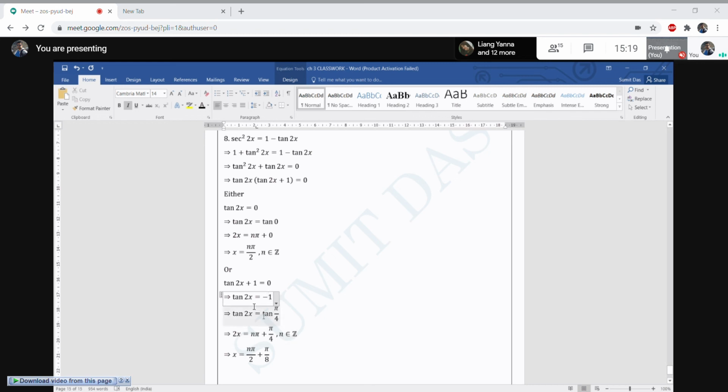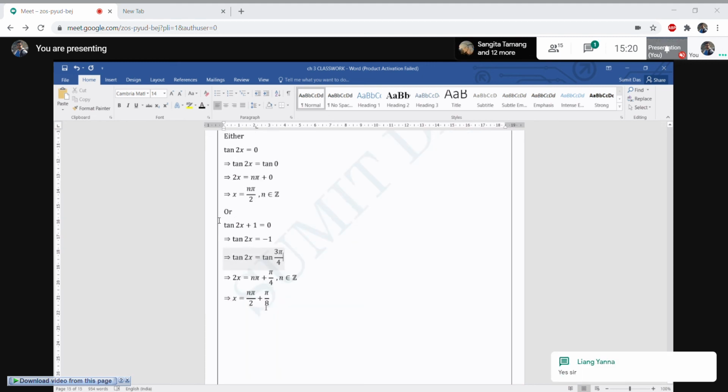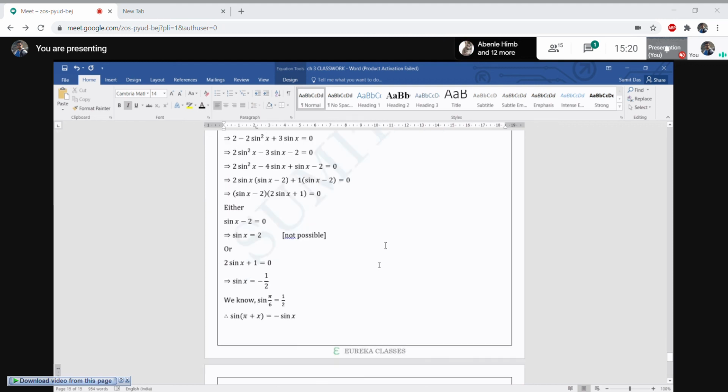Okay, and tan which value is minus 1? If you check from the table, you will find tan 3 pi by 4 is minus 1. Tan 135 degrees is minus 1. Understood? So when tan 2x equal to minus 1, we can write tan 2x equal to tan 3 pi by 4. What is theorem 3 saying?